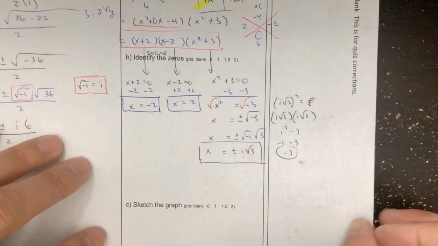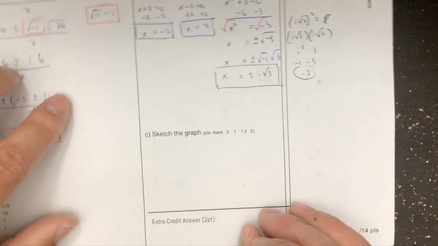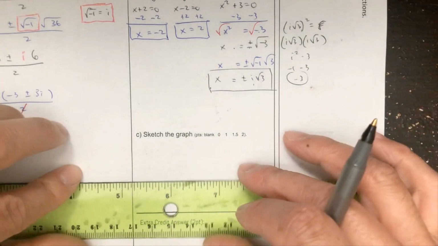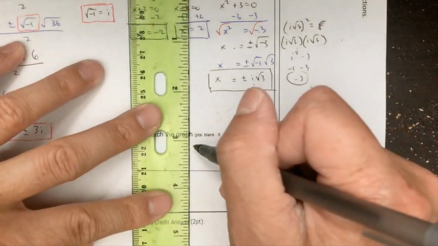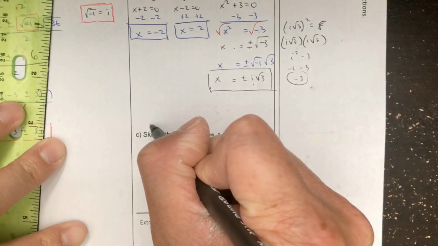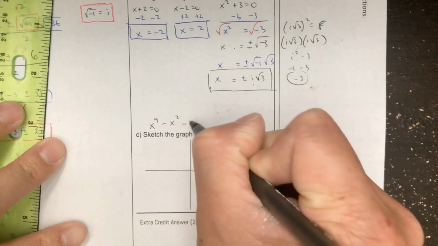Okay, sketch the graph. Sketch it. Use my straight edge. I'm going to write the original problem down here just so you can see it. x to the fourth minus x squared minus 12.